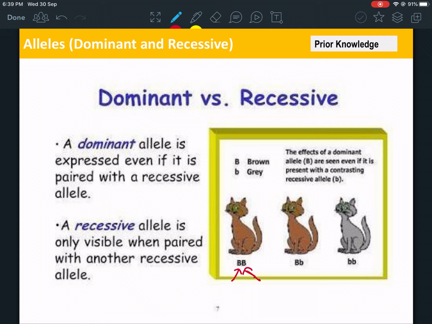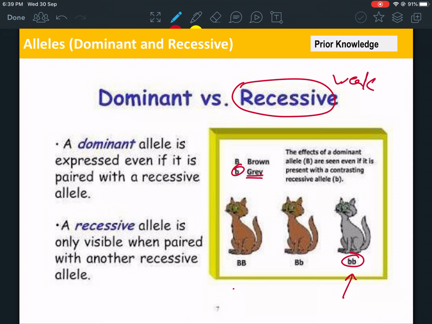This cat got 2 big B's, so it's brown, because B codes for brown. This other cat got 2 small b's, and small b is recessive, it's weak, and she got 2 of those, so she is gray.